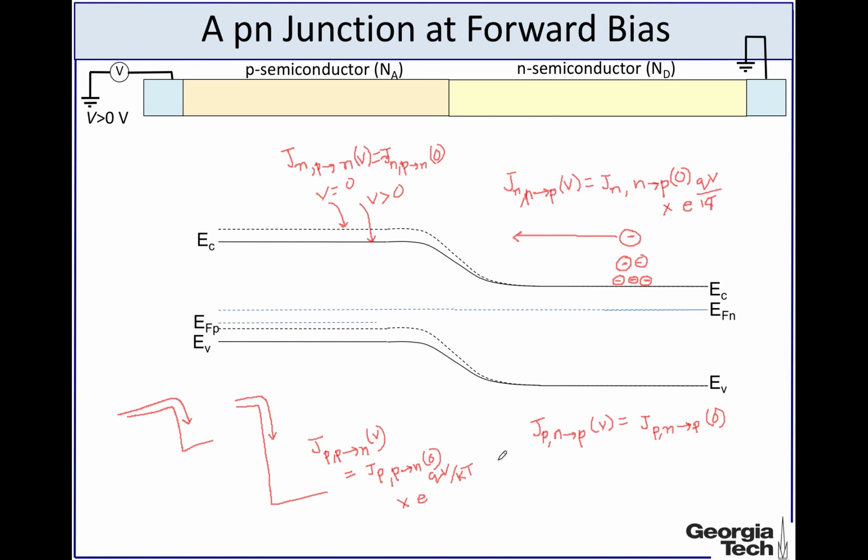So finally what we can write is that the total current J is Jn, n to p, minus Jn, p to n.